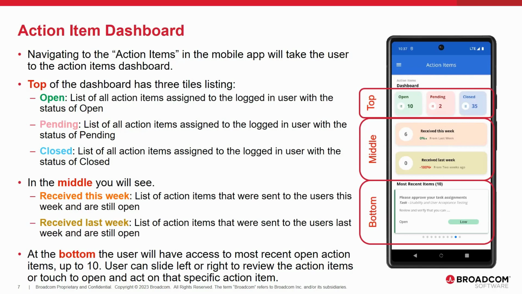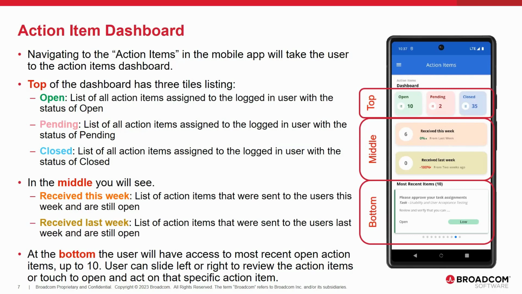The open will list all the action items assigned to the logged in user with the status of open. Pending will take the user to view all the action items that are assigned to the user with the status of pending, and closed will list out all the action items that were assigned to the user and the user has already acted on, and the status of those action items is closed.